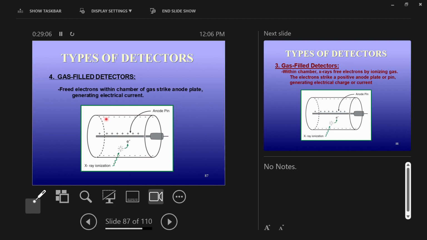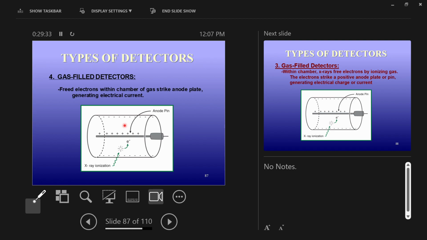And what the device will do is run a negative electric charge around the walls of the chamber, okay? And you've learned that opposite charges attract and like charges repel. So when some radiation strikes the chamber, the gas inside frees up some electrons. Those electrons are pushed away from the walls of the chamber, and running down the middle of the chamber is a metal pin called an anode pin.